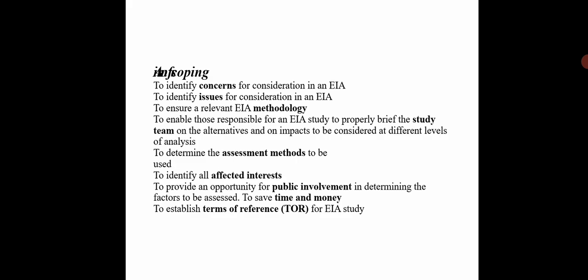What are the methods we follow? To identify all affected interests, to provide an opportunity for public involvement in determining the factors to be assessed, to save time and money, and to establish terms of reference for the EIA study. So these are the aims of scoping.